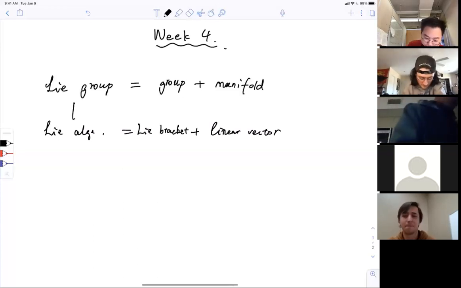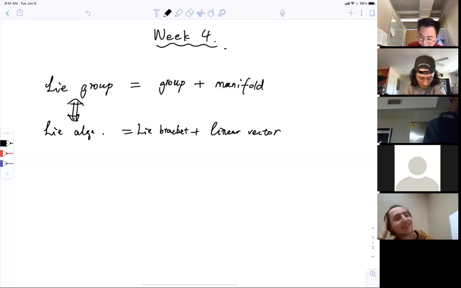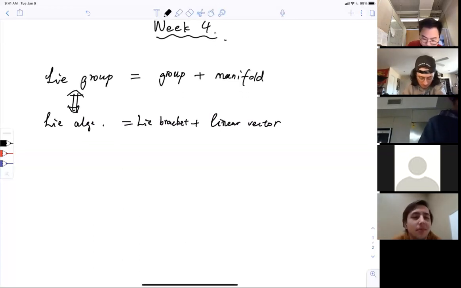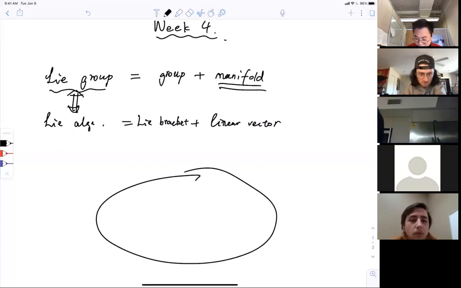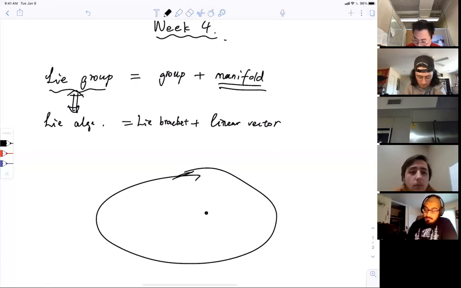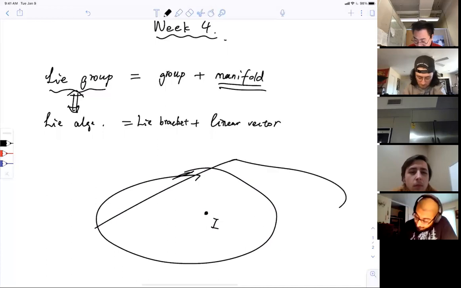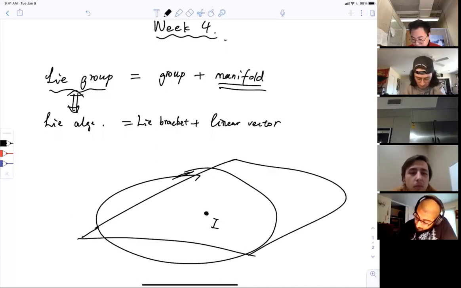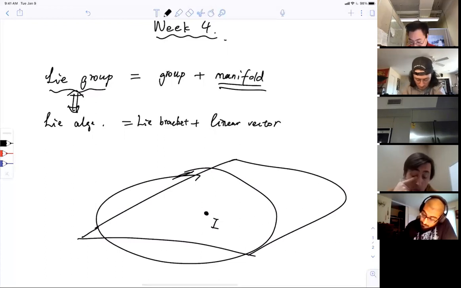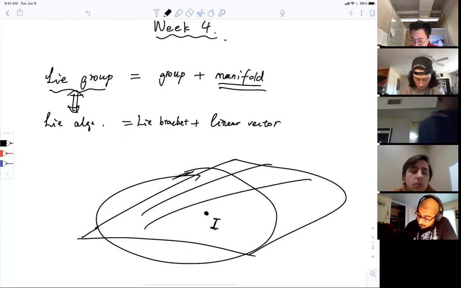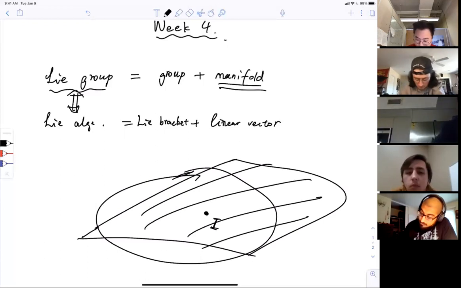And so the two are very closely related. Because Lie group is a manifold, you can draw a picture for it. There's an identity element, and of course we can calculate the tangent space, the tangent plane at this identity point. This is a linear vector space, right?